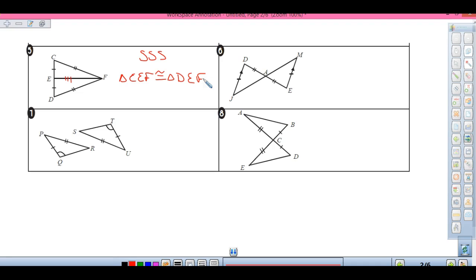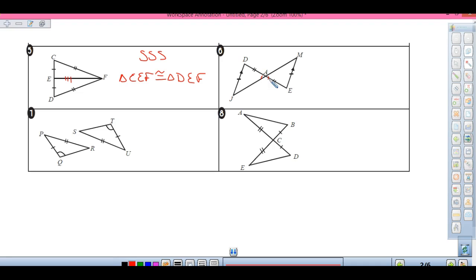If we look at number 6, okay, we've got 2 sides, right? Now, what other piece of information do I have? I have vertical angles, okay. That doesn't do us any good though, right? Well, yeah, we've got that they're congruent. What else? No, we don't have MA and AJ are congruent. Nothing says that. What are those triangle arrow things on DJ and ME? That means that they're parallel.